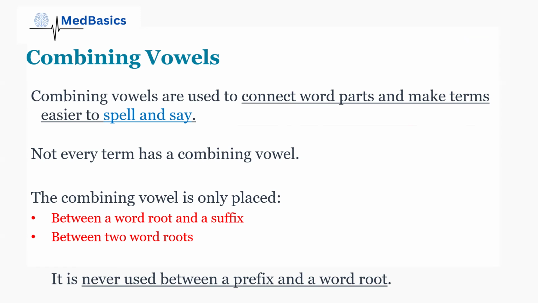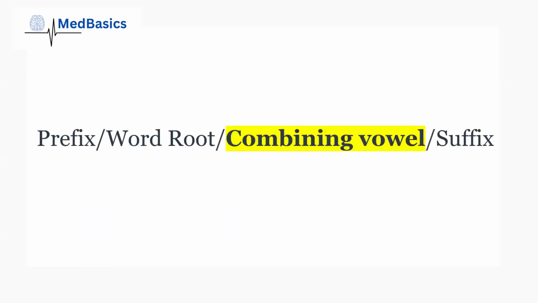So we know the purpose of a vowel is to ease and improve pronunciation. That's why combining vowels are added after the word root and suffixes are at the end. So by default, the arrangement of the combining vowel is between the word root and the suffix.